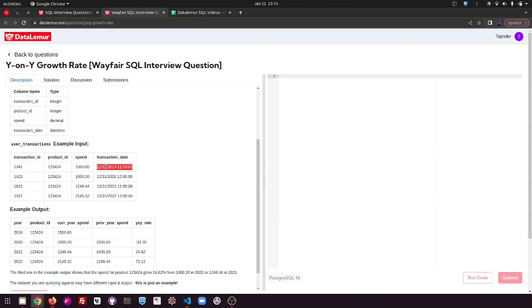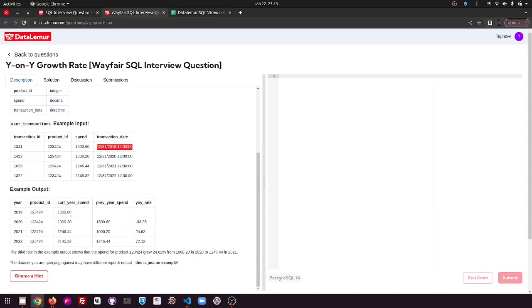Basically the last date of the year is given here, and the example output has year, product ID, then current year spend, previous year spend. This is the first year for this product, so the previous year spend is null here, and year on year growth rate cannot be calculated.